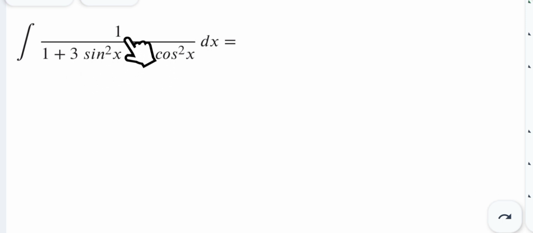So numerator it is 1 and denominator it is 1 plus 3 sin square x plus 8 cos square x. In the denominator I will multiply and divide by cos square x to get the tan.